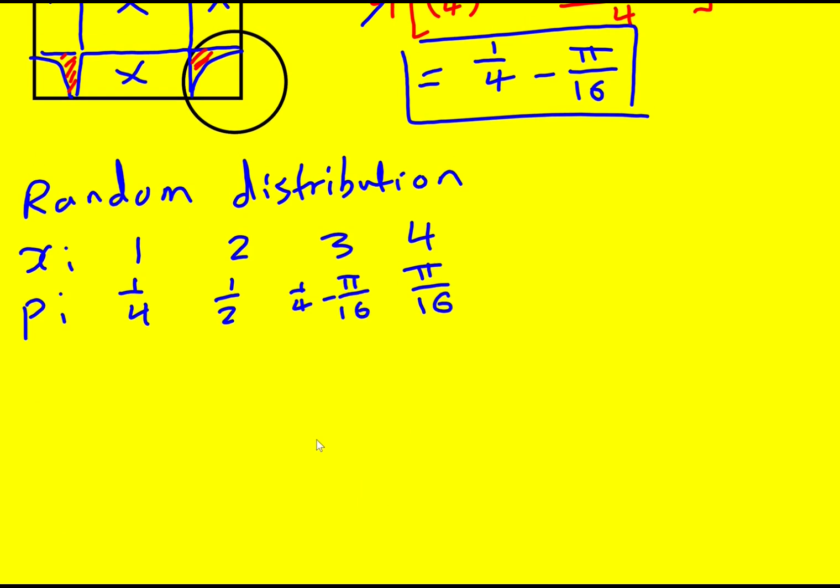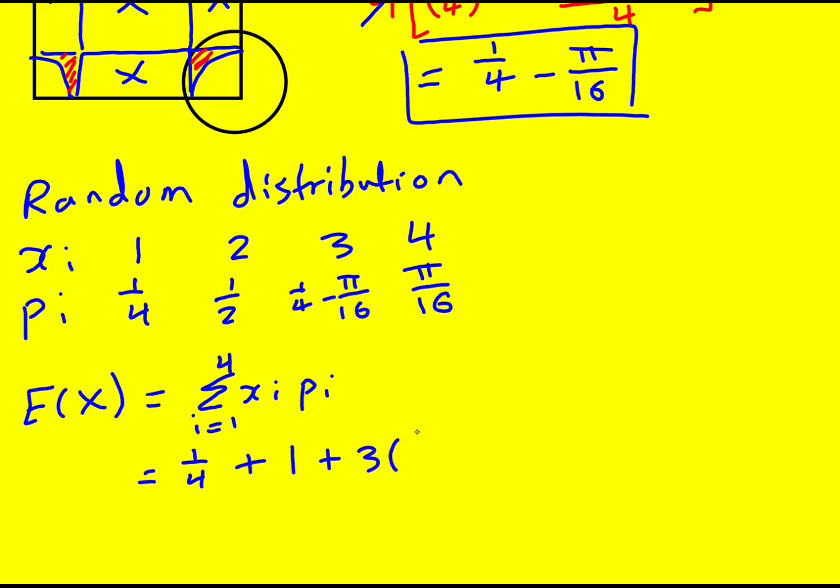So let's find the expected value. That is equal to the sum of x_i times p_i, in this case from i equals 1 to 4. So we're going to get 1 times 1/4, plus 2 times the half, which is 1, plus 3 lots of 1/4 minus pi over 16, plus 4 lots of pi over 16.